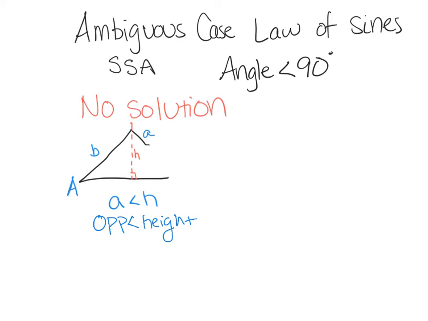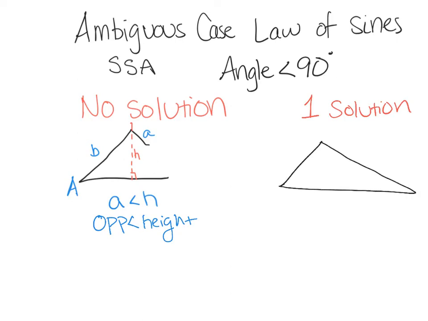The next one is going to be of just a one solution problem. We'll see how this goes. So the next one is of a one solution. So that may look something like this. There we go. So if we're given this angle, this side, and this side, I'm first going to check against the height.